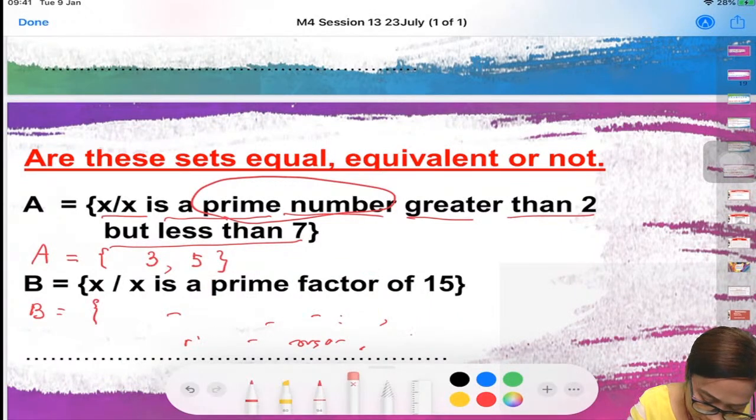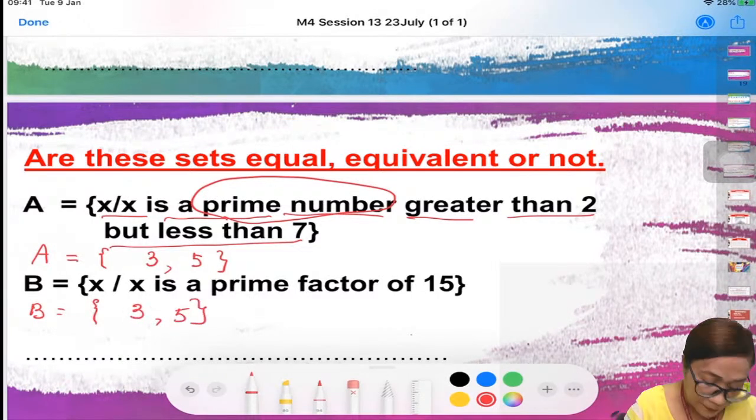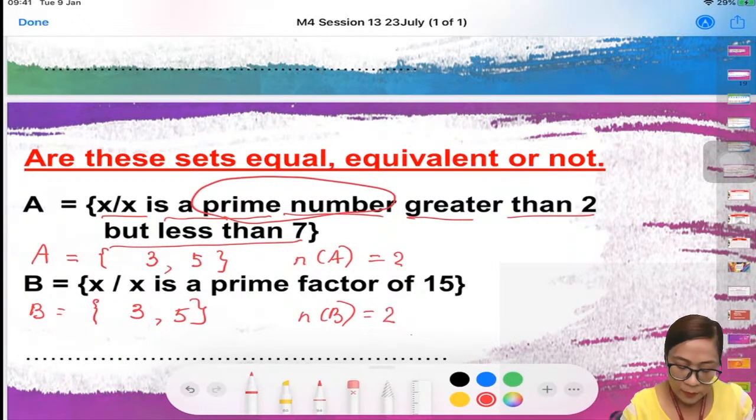Let's have the answer inside the braces in roster form. So what do we have here now? We have 3, 5. If you get the cardinality or the cardinal number, n of A is 2 and n of B is equal to 2.